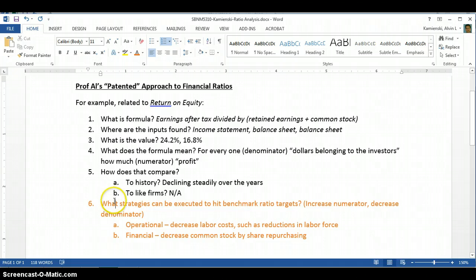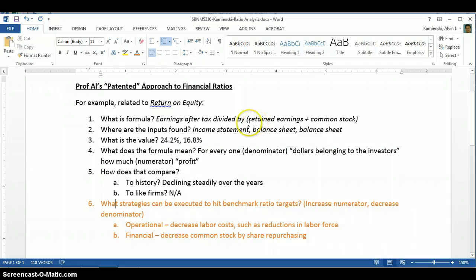So for example, an operational strategy could be to increase the numerator, earnings after tax, aka profit, by decreasing costs, like reductions in a labor force. Or we could use a financial strategy that looks at the denominator, so dollars belonging to investors. If we need the ratio value to be higher, we need to decrease the denominator.